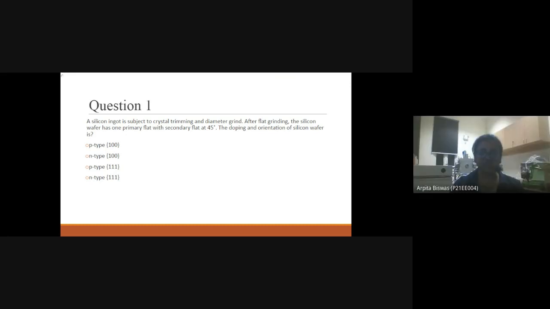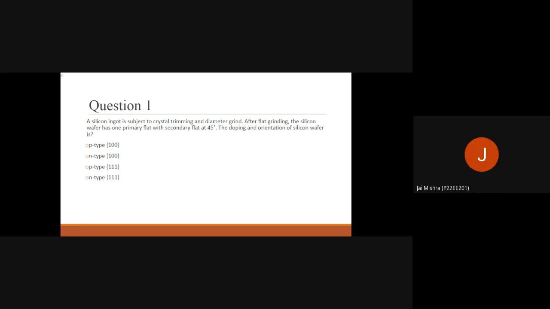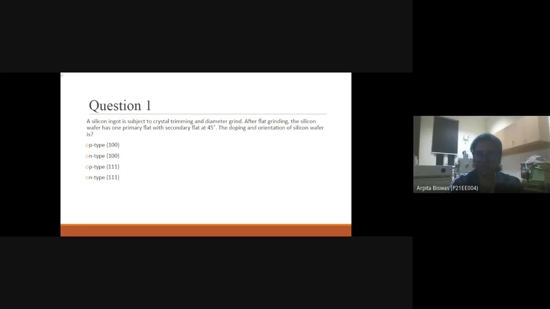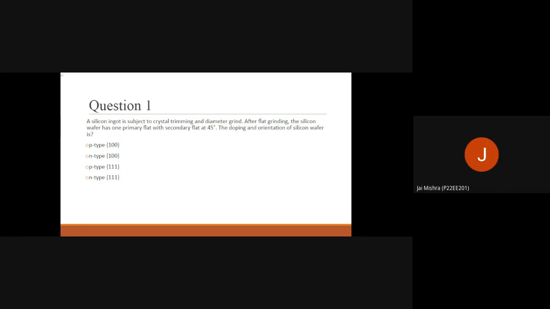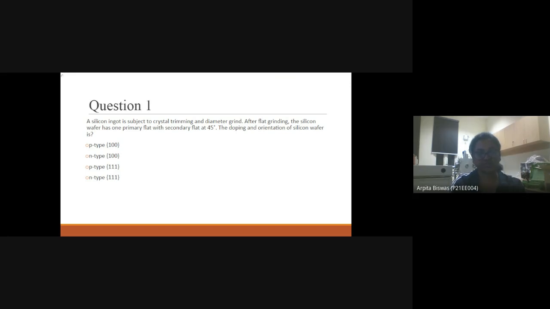Why is it P type 100? If it is 180 degrees, then which type of silicon wafer is it? N type 100. If it is 90 degrees, and at 45 degrees it's N type 111. Yes, the right answer is N type 111.